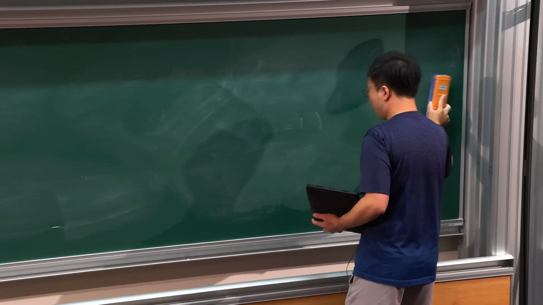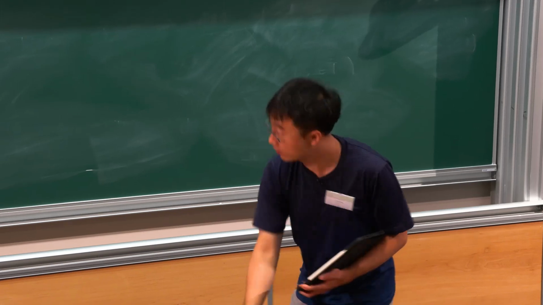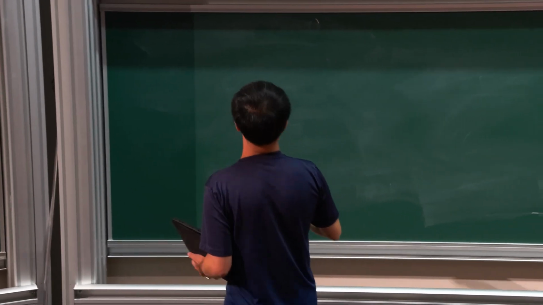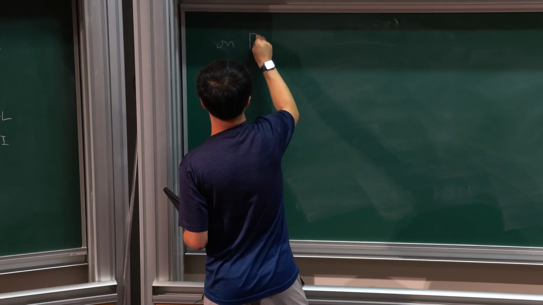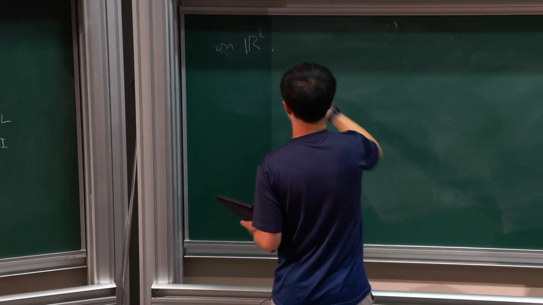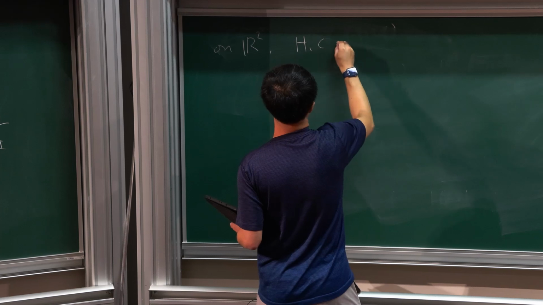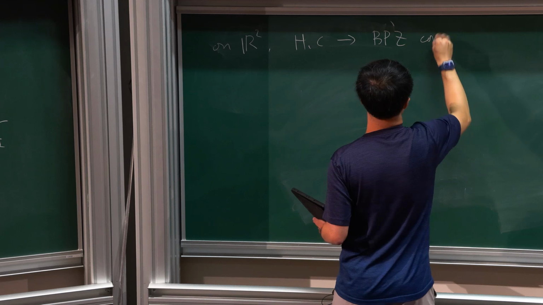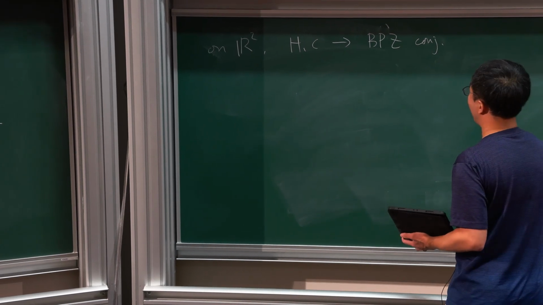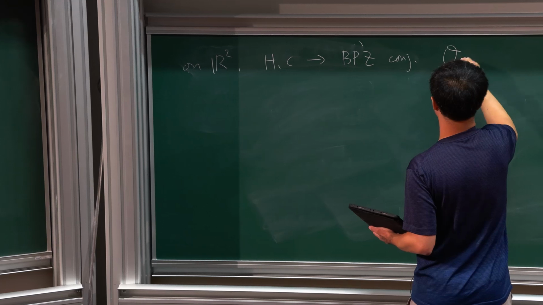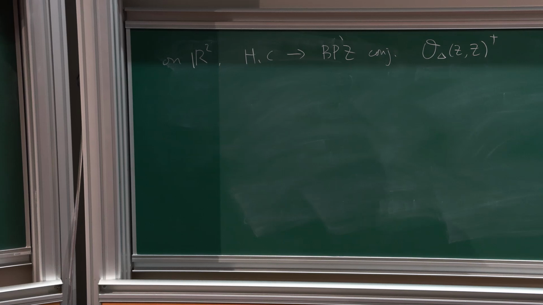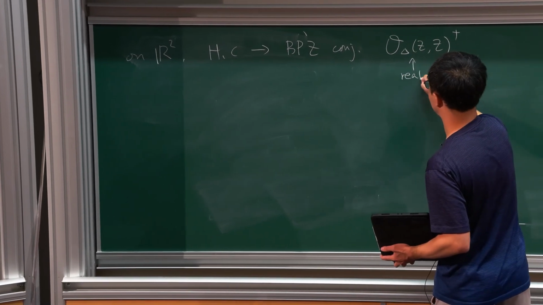But taking that for granted for now, using that relation, let me just state that if you're on R2, Hermitian conjugation is also known as BPZ conjugation. Namely, if you have a real operator, let me give the example of a real scalar operator.